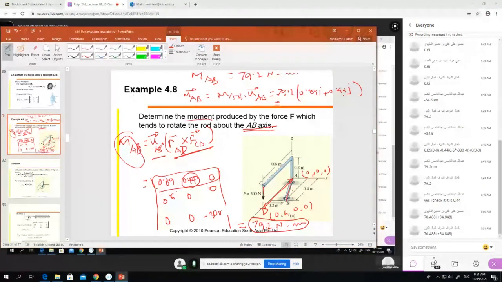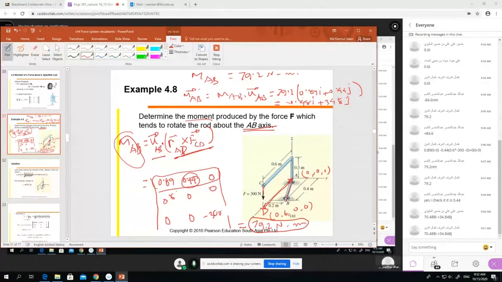So both results are the same, right? So Hussain Ali and Kamal Ashraf, both of you have done the same result. Okay. So 70.48 I plus 34.8 J. Okay. All right. So this is our result.